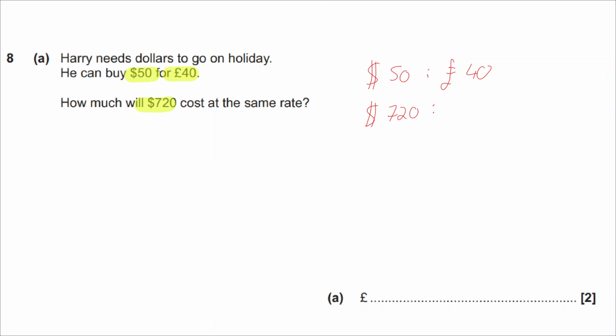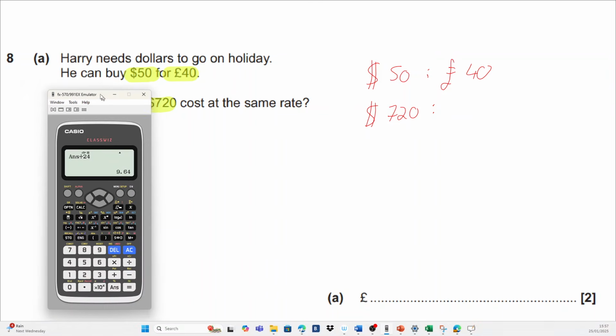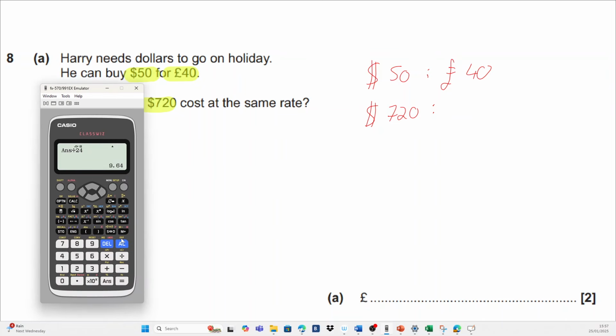by 50. Oh, the lorry stops, that is lovely. So we can do 720 divided by 50. That gives you 14.4. So if you times 50 by 14.4, you're upscaling.